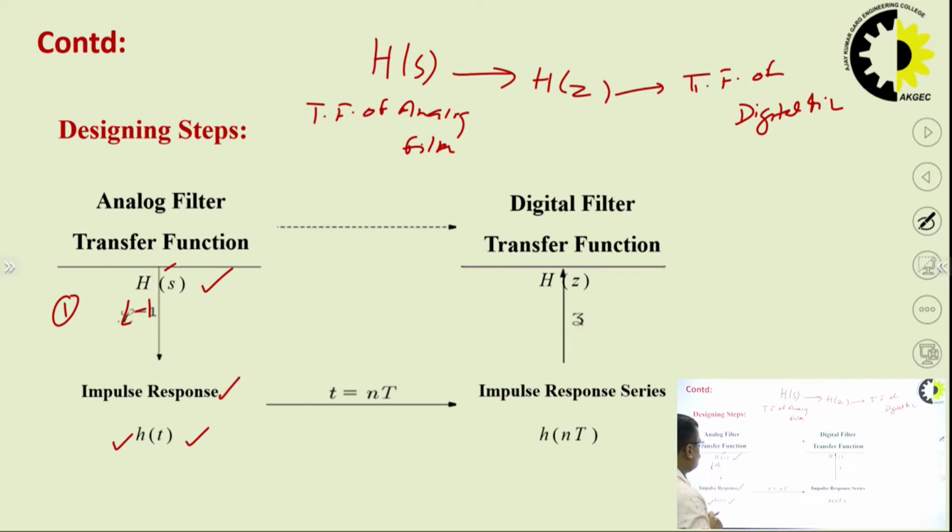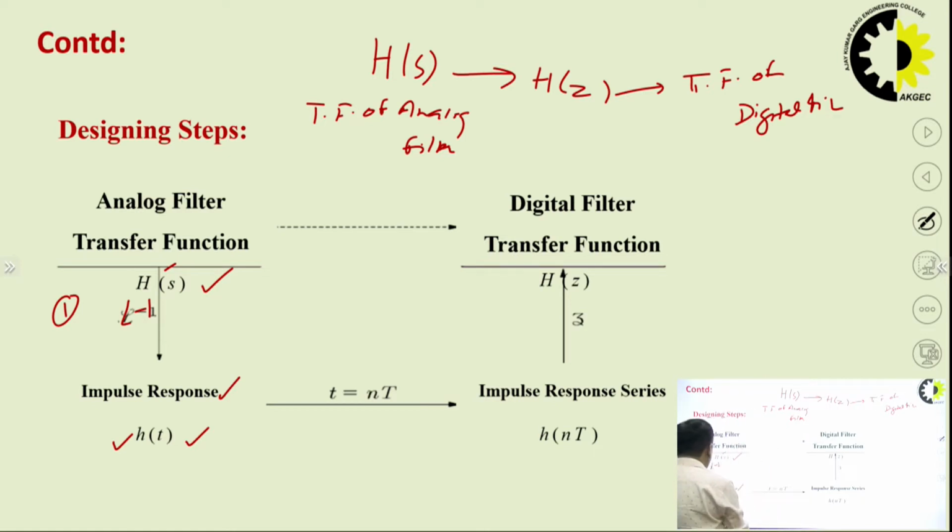After that, you need sampling here. This method's name is impulse invariant method. It means you have to do uniform sampling here. You have to prepare an equivalent discrete signal related to the analog signal.